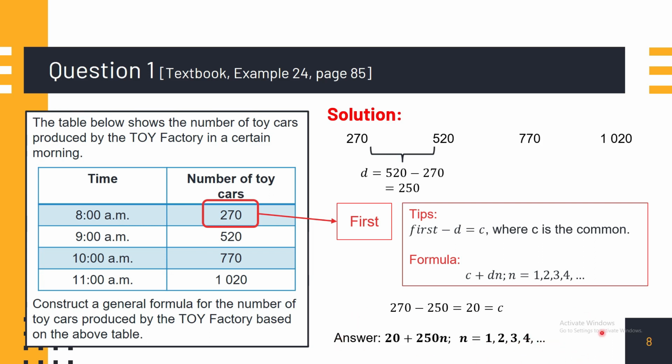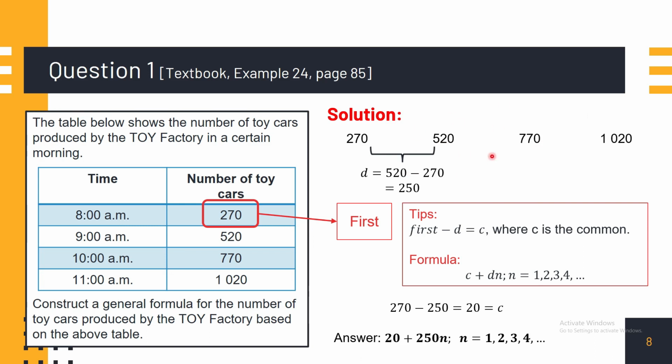This is the simplest trick or formula if the question asks you to generate the general formula like this question. The condition to use this formula is that d must be the same for each gap.